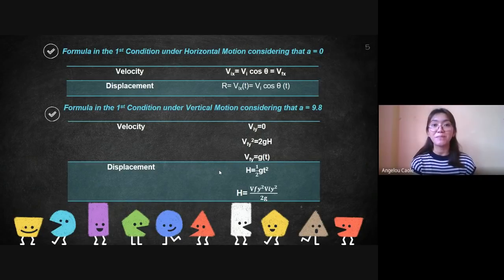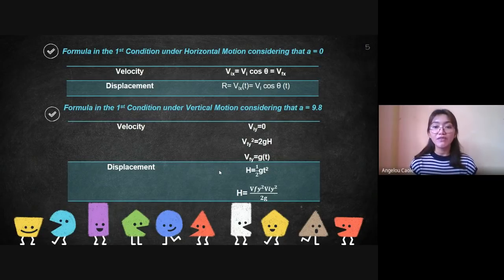theta times time. While for the formulas in the first condition under vertical motion, considering that acceleration is equal to 9.8 meters per second squared, the initial vertical velocity Viy is equal to zero. Vfy squared is equal to 2 times g, the acceleration due to gravity, times height.